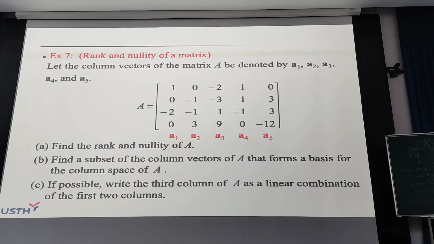So even though the exercise is a little long, to solve it is not so difficult. Once again, you need to apply row operations to transform A into row echelon form.